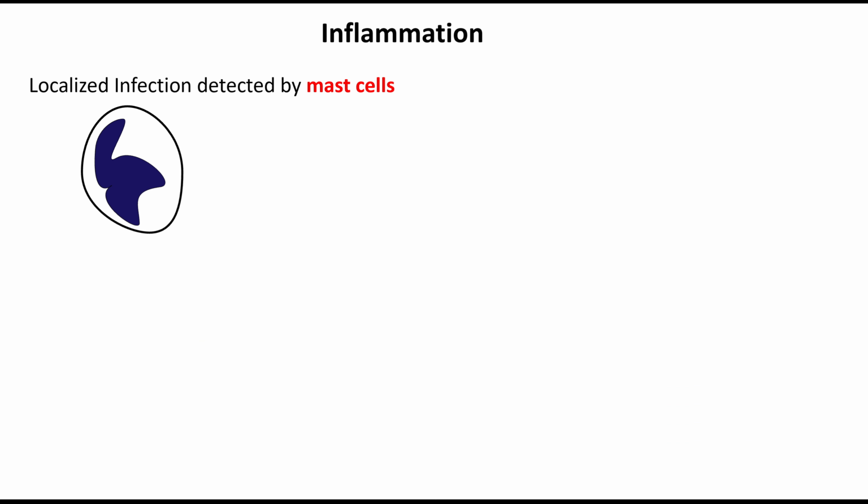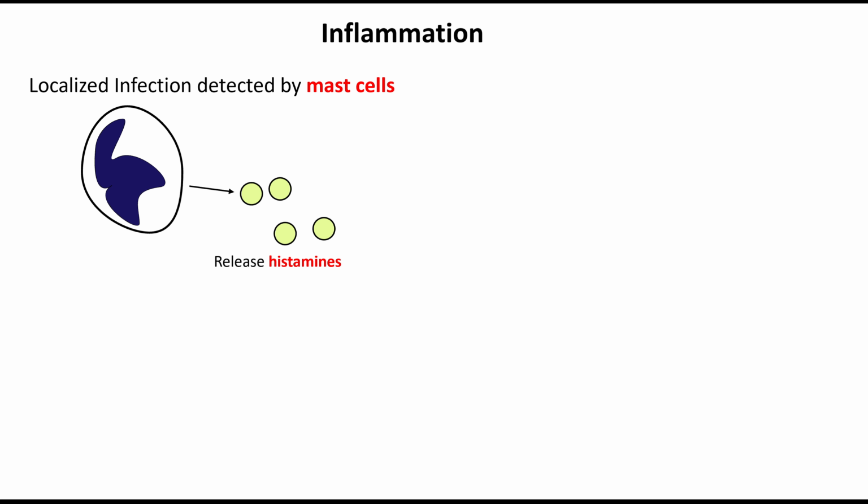Now, if just by chance something gets into the body, we also can have what's called the inflammatory response, so inflammation. So if you have a localized infection that's detected by cells, which are called mast cells, what they will do is they will carry out the response to try to help prevent further infection and to fight the response as quick as possible. So the first thing they do is they release histamines.